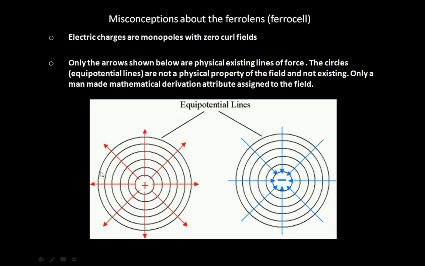These circles here are man-made plotted, and we assign each point on the circle as where the electric force vector has the same value. But these gray circles do not exist in the field. It's just a mathematical derivation.